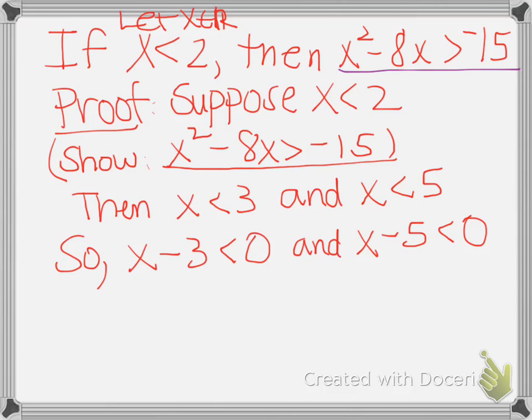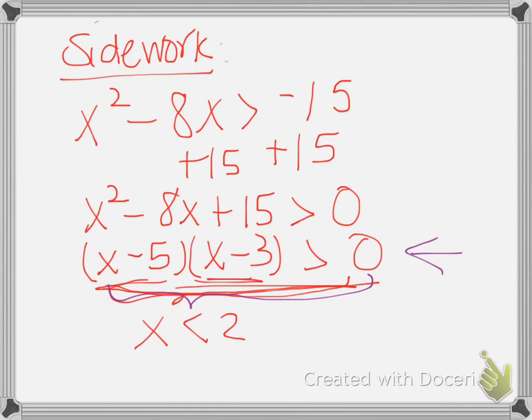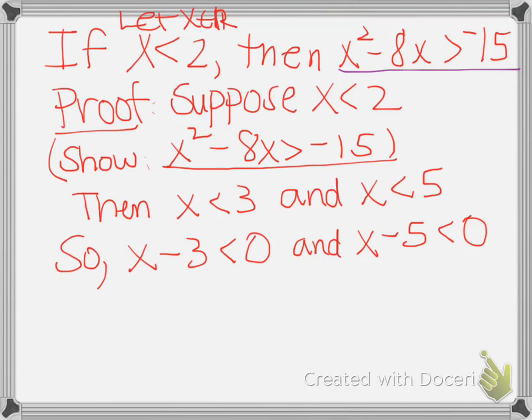All right. Now, if we go back over here, we're trying to get those two linear factors to be greater than 0 when you multiply them. Well, we know that x minus 3 is less than 0, so it's negative, and x minus 5 is less than 0, so it's negative.